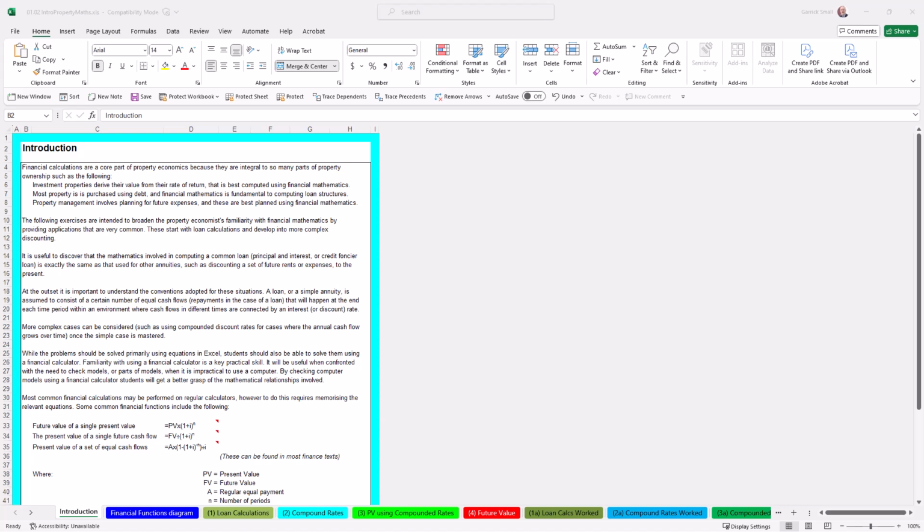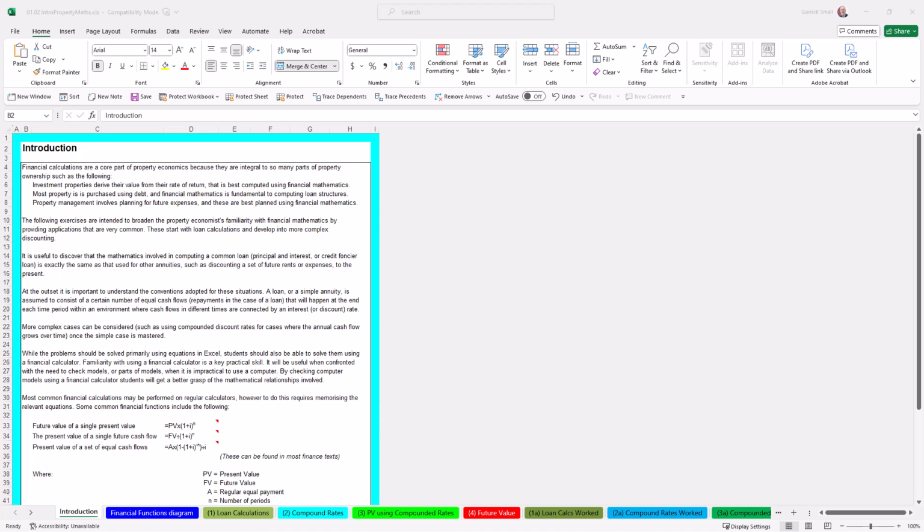I would recommend that you take time to read this rather than just skip over it. It doesn't take long. It basically gives you a revision of what's going to be covered and what's going to be practiced in the exercise. So it's a good roadmap, an index if you like, for what we're going to be doing.